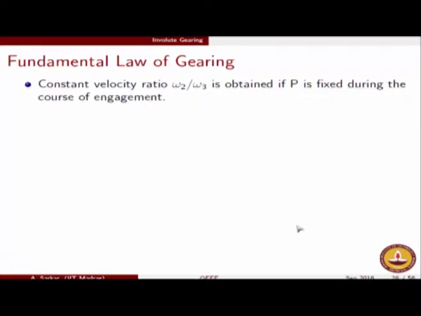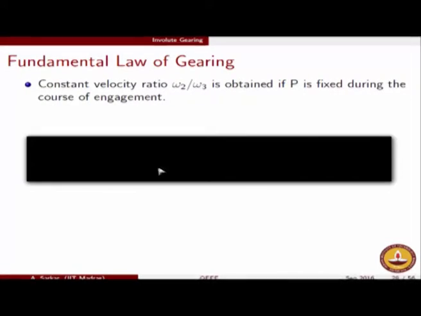But we definitely want a constant velocity ratio. That is, whatever is the input speed coming to your transmission or the input gear, that should get amplified or reduced, but it should not fluctuate.